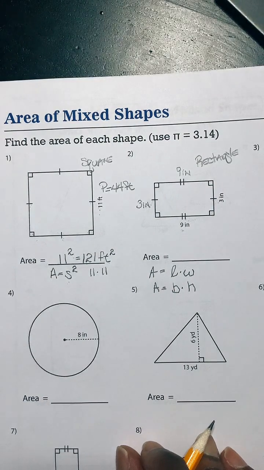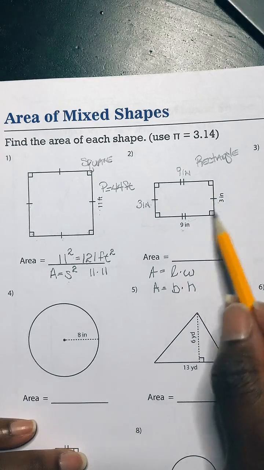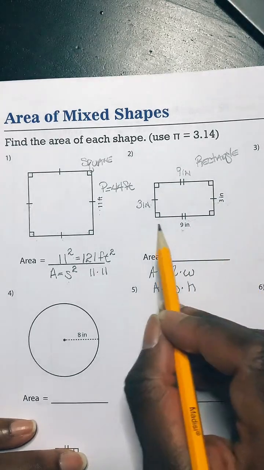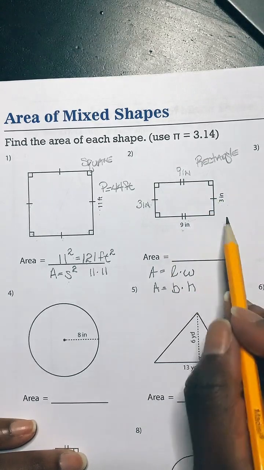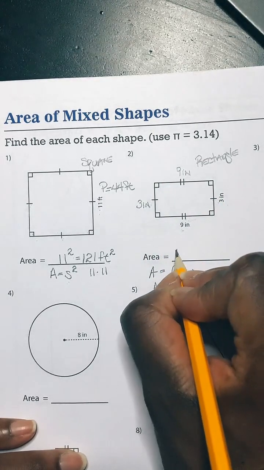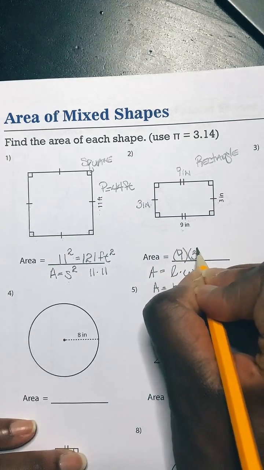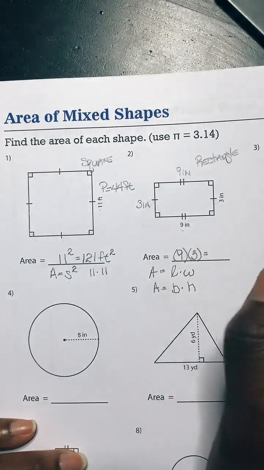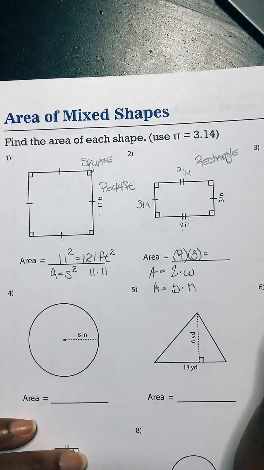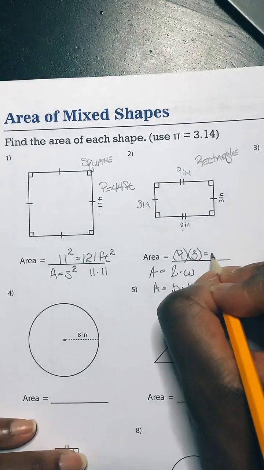So you're right, Tiara, you're not going to square it. But what you're going to do is multiply your base times your height, your length times your width. So that means we are multiplying 9 times 3, which someone already wrote. Save with Travis, hashtag save with Travis, thank you.